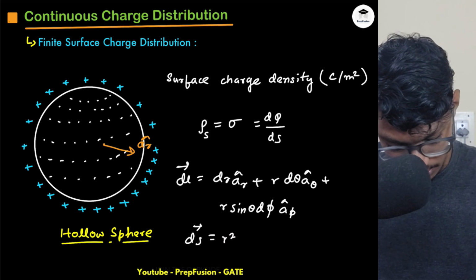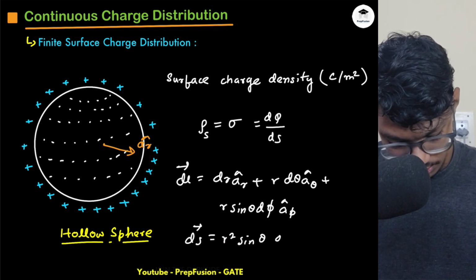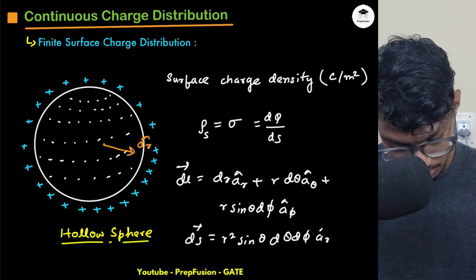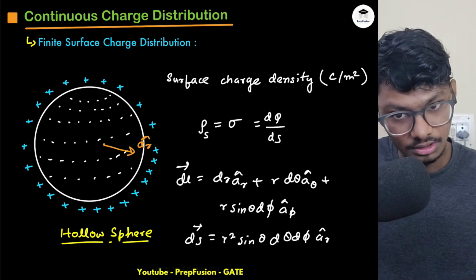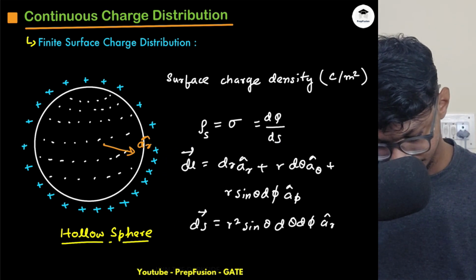It will be r square sin theta d theta d phi ar cap, and your dq by ds will become this.